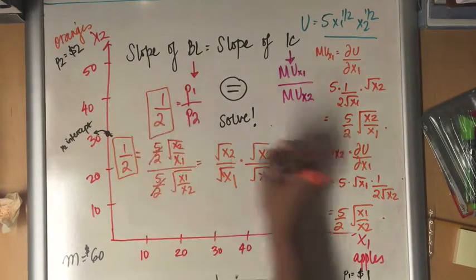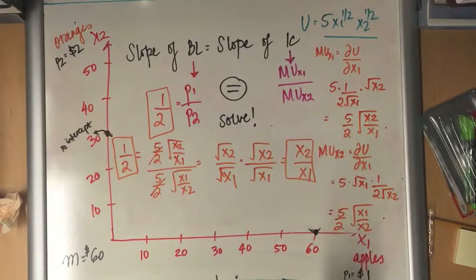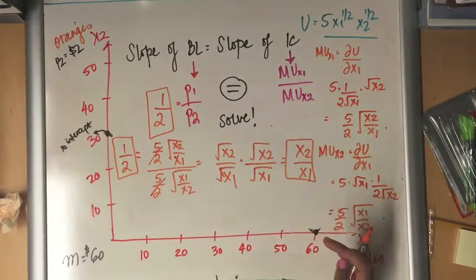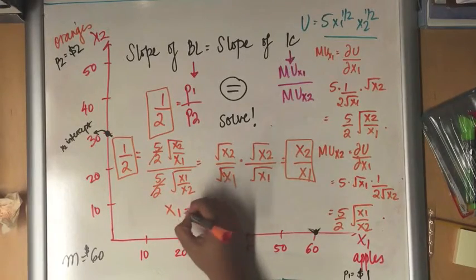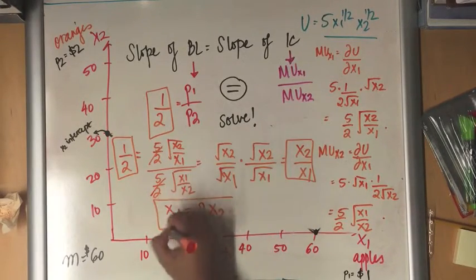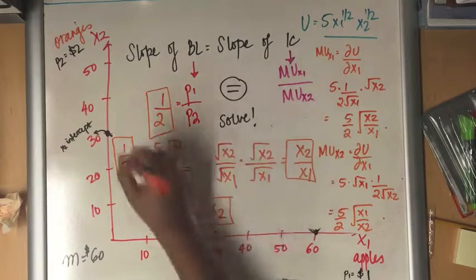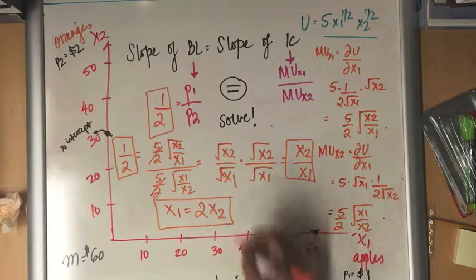And now we know that this equals this, so x1 equals 2x2, which we get by cross multiplying. This is number 1.